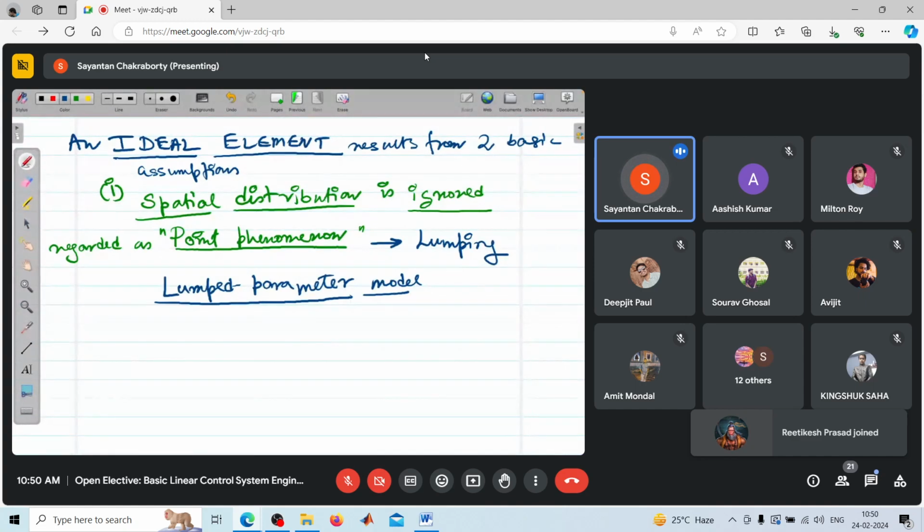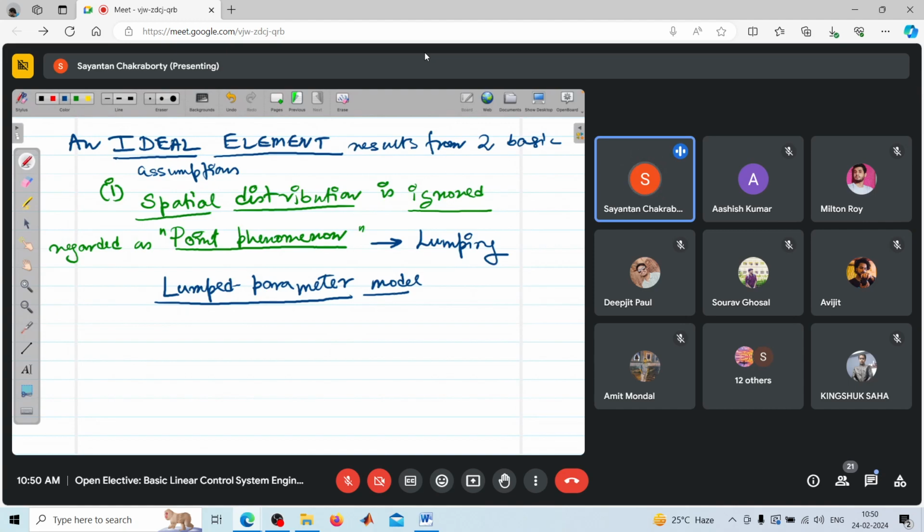So this is one thing. On the contrary, there may be situations, especially in chemical processes, where you cannot consider this assumption because the chemical reaction varies with respect to distribution as well.